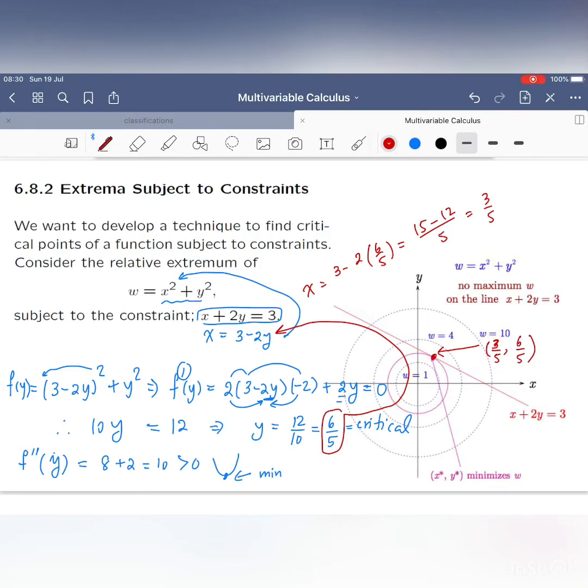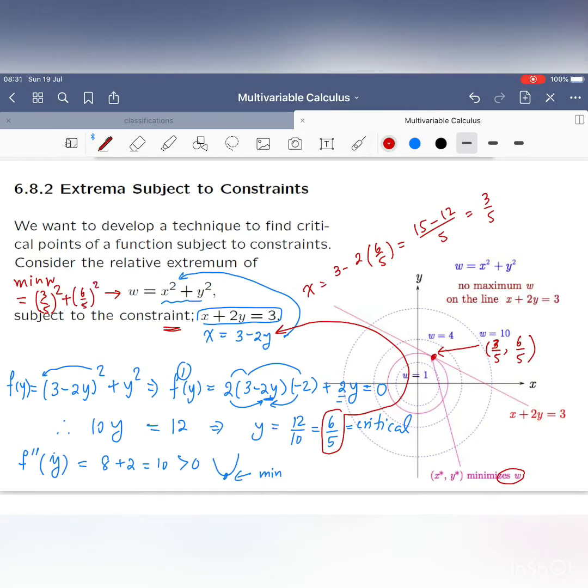Okay, something like that. And if you need to know what is the minimum value of w under this constraint, you just plug in. The minimum w is simply (3/5)² plus (6/5)², and then you just figure out what it is.